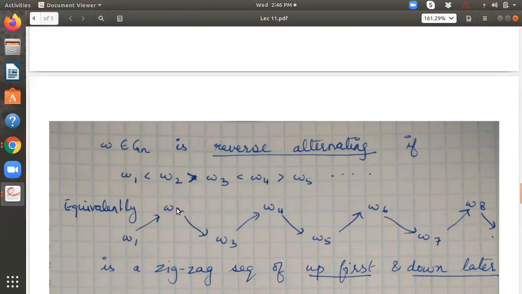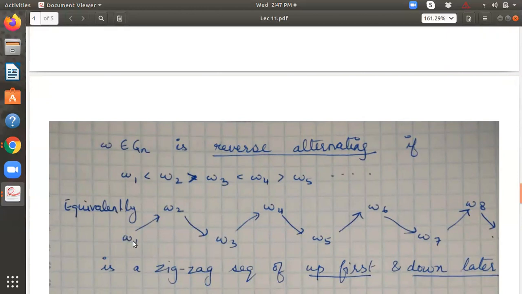So minus of W2 added with n plus 1 stays smaller than minus of W3 plus n plus 1. So when you keep continuing, you are actually reversing this particular zigzag.